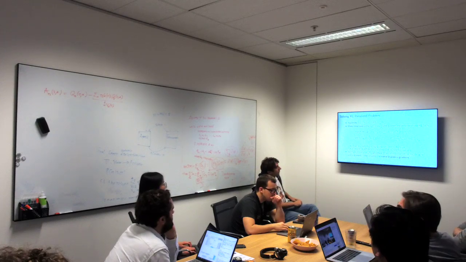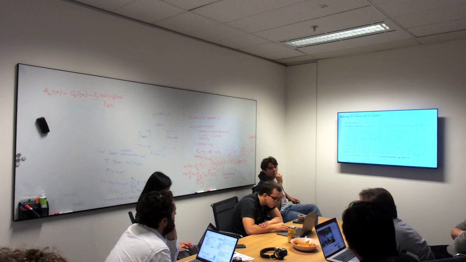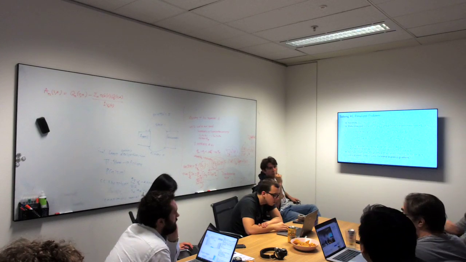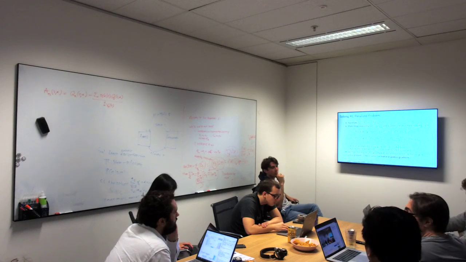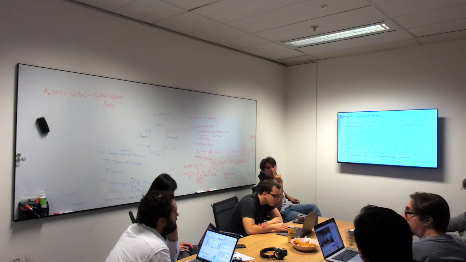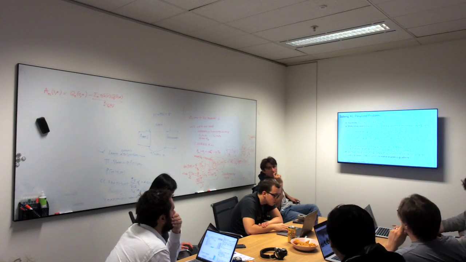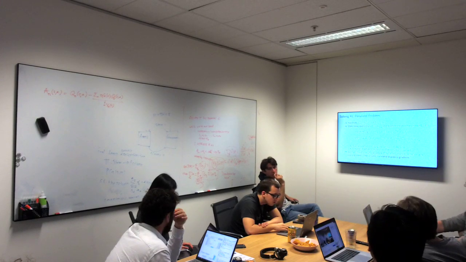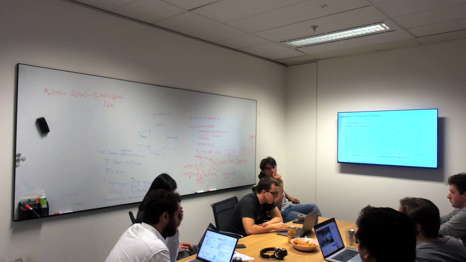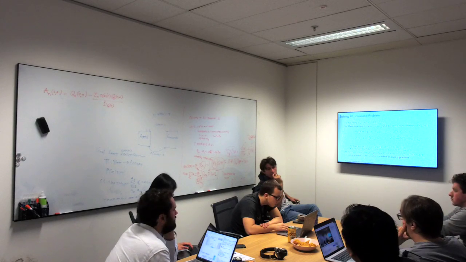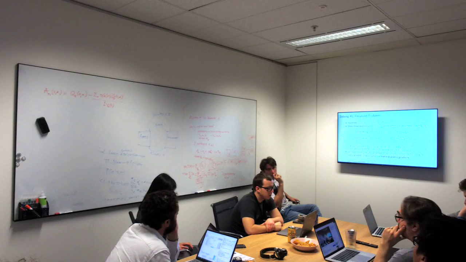The Hessian just means the second order derivative. So the Fisher information matrix is the Hessian of the log probability, the second derivative of the log probability.